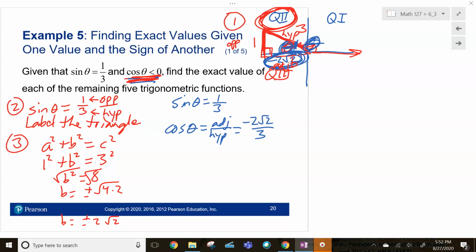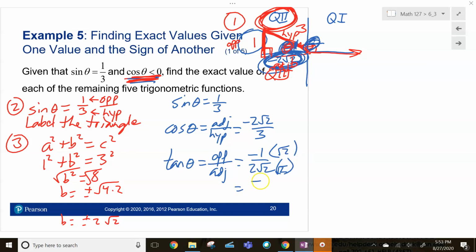That's my cosine because I've labeled my triangle. My tangent is opposite over adjacent. So the opposite side is 1. The adjacent side is negative 2 root 2. So negative 1 over 2 root 2. And I go ahead and rationalize that. So I got negative root 2 over 2 times 2, which is 4.